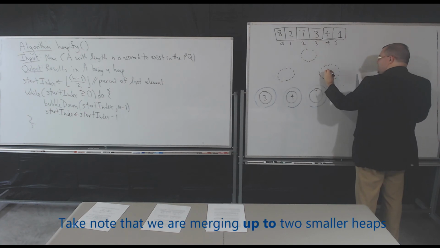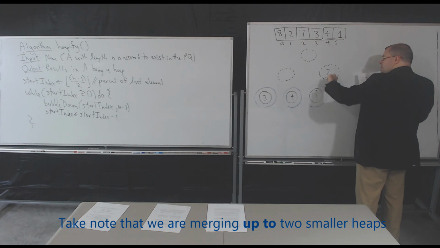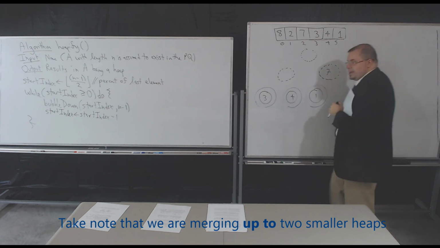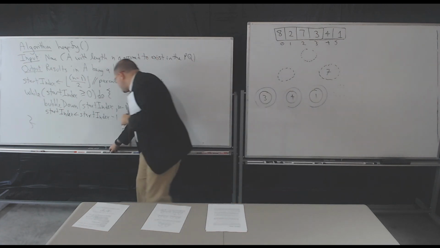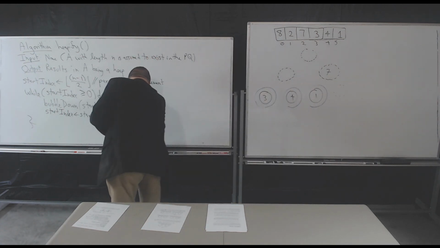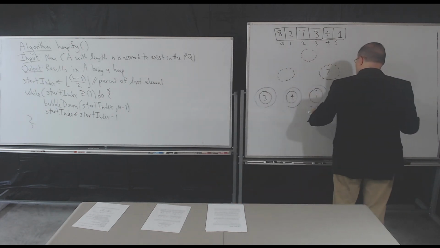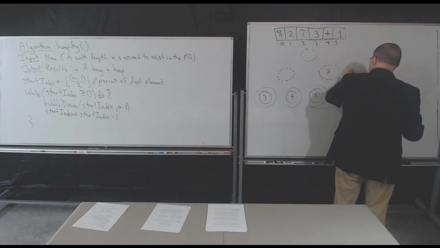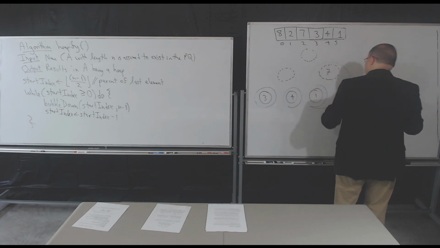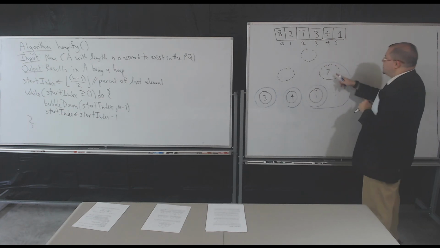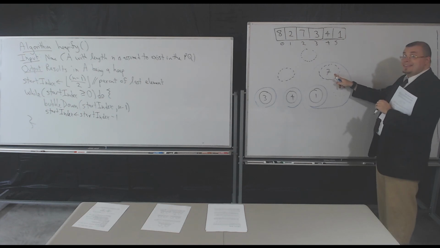So what is this though? 7's right here. So imagine 7 right there. I want you to look at this like I'm building a smaller heap. To maintain the heap order property, what do I need to do? I would need to bubble down 7, right?